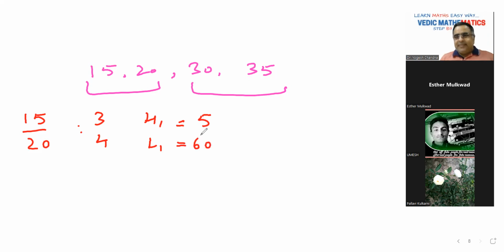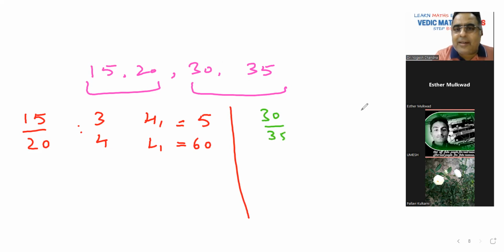कोई डाउट? नो। ओके, अभी इधर हमने दूसरी तरफ इन दो का कॉम्बिनेशन ले लेते हैं। सो 30 and 35, ये भी 6 by 7 हो गया। Yes.